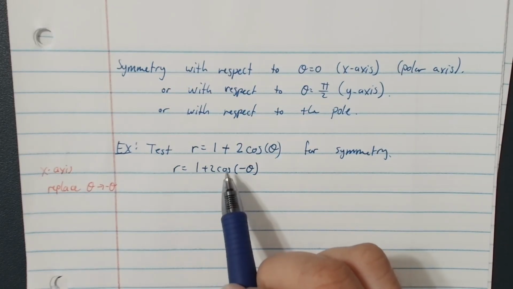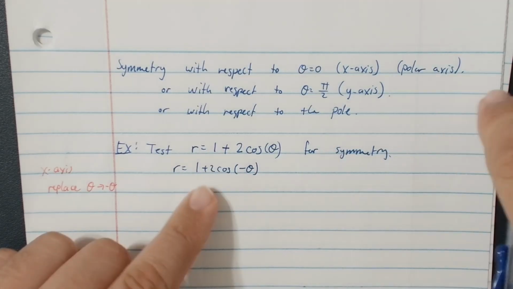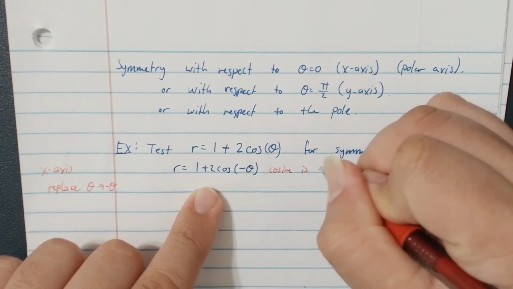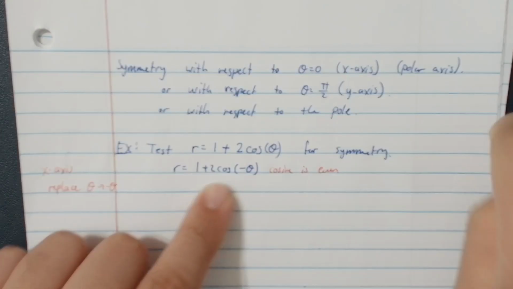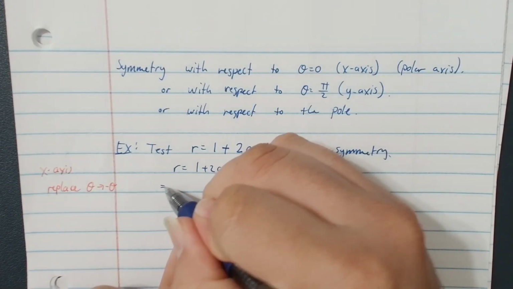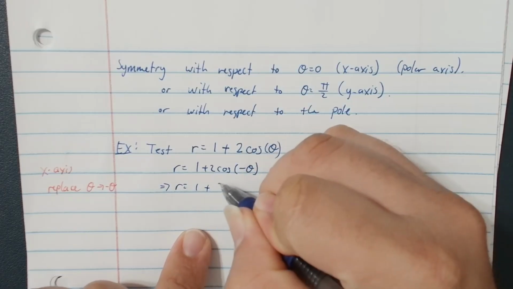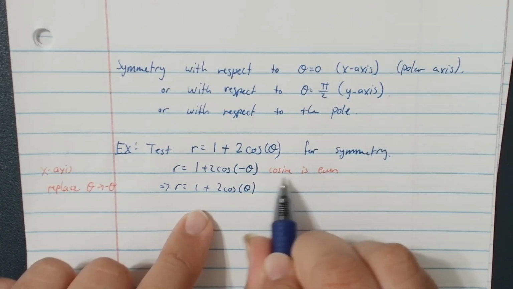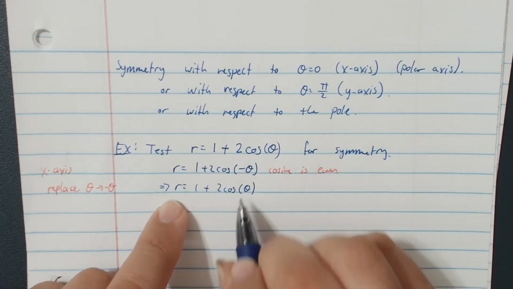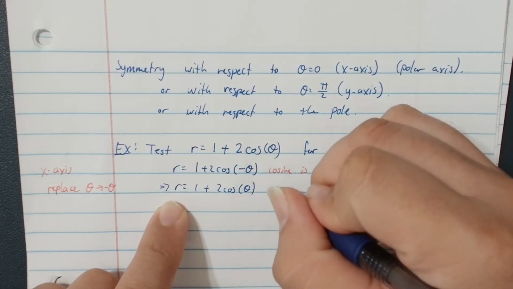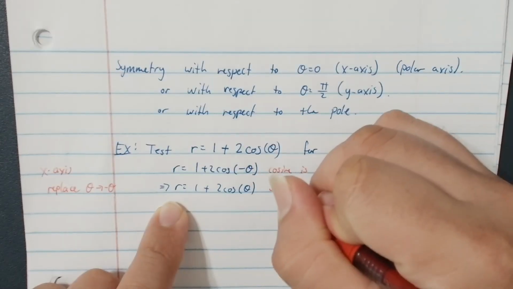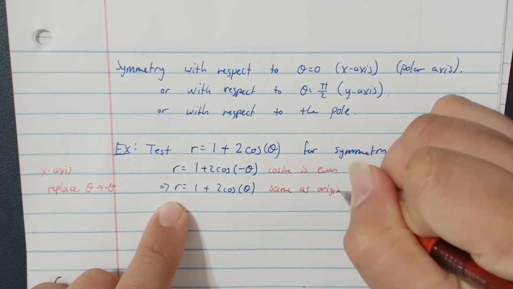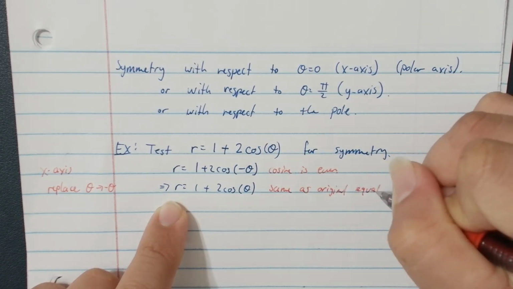Here we notice that cosine is an even function, and with an even function, you can just ignore negatives. So this becomes r equals 1 plus 2 cosine of theta. But now this is the same as the original equation.